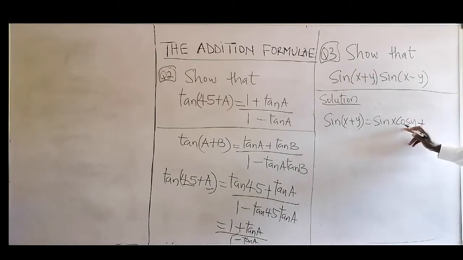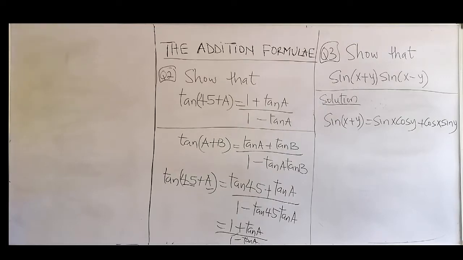Then plus, where you stop here, cos of the other function, cos x, and then sine y. So that's sine x cos y, then plus cos x sine y. So that is just that.